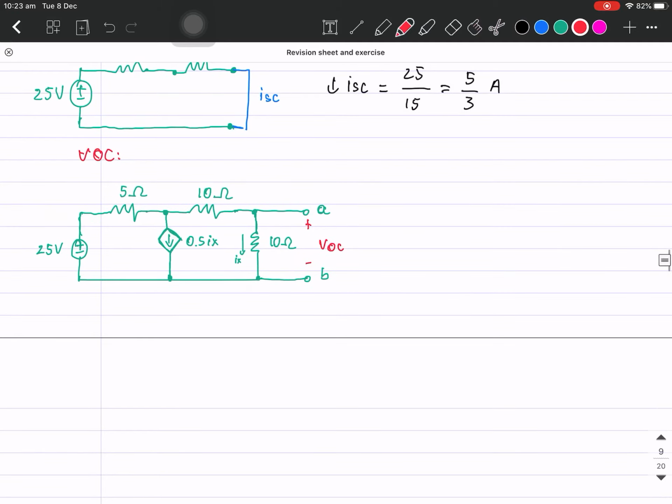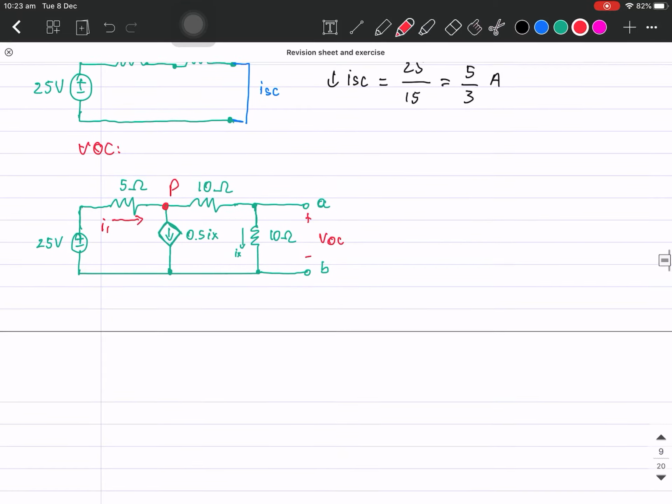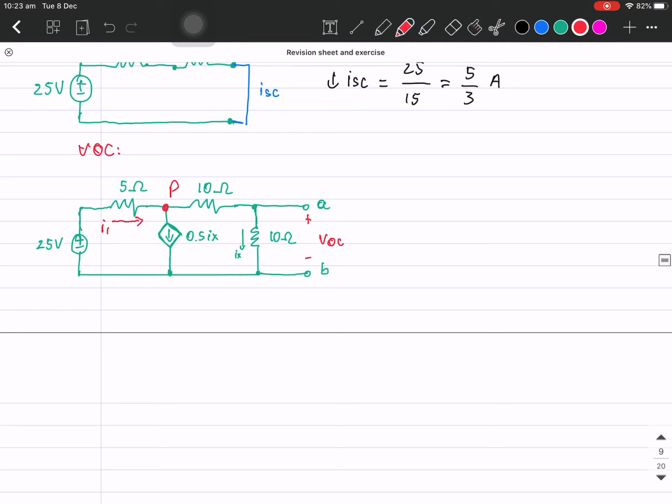I'm going to set this point as point P. This is I1 flowing through the loop. All right. So what I'm going to do is KCL around P.